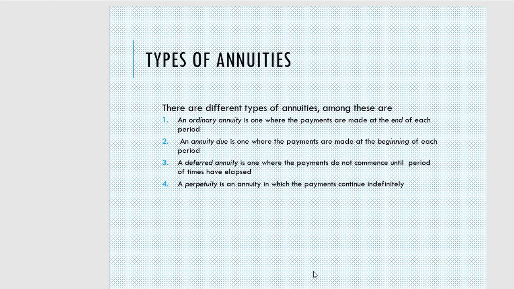You can start receiving it 10 years from now or paying 10 years from now. A perpetuity is an annuity which can be received or paid forever, up to infinity. Payments continue indefinitely. So under a perpetuity, n is equal to infinity. Okay? N is equal to forever.